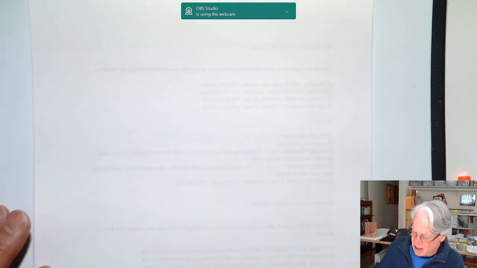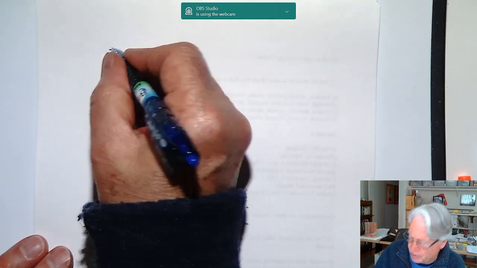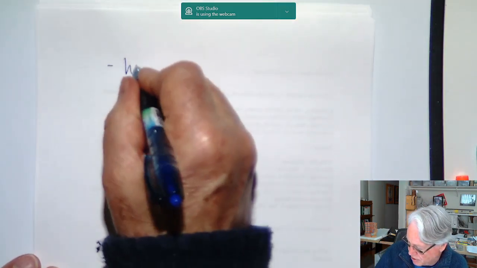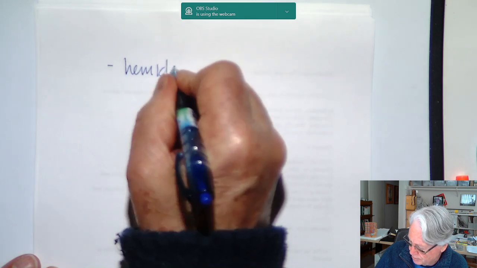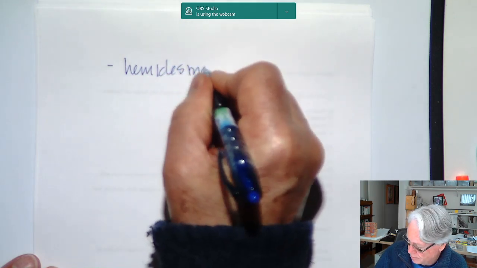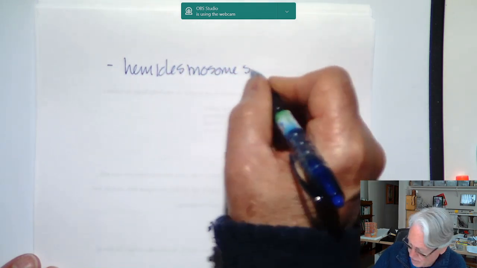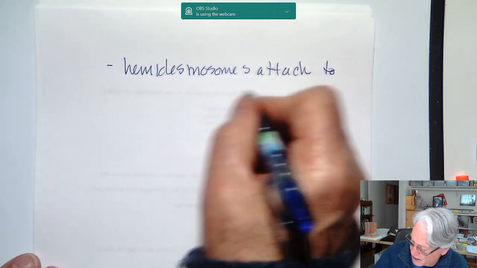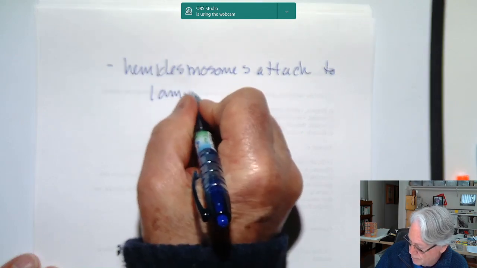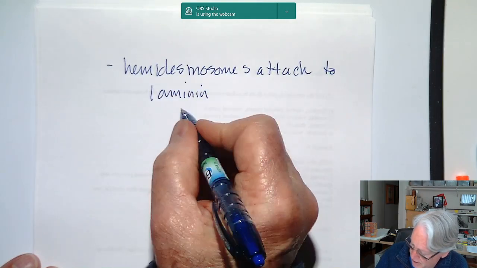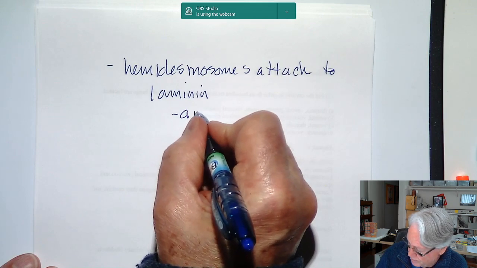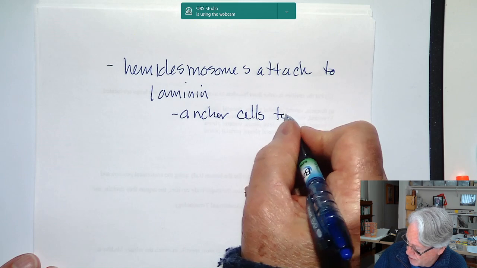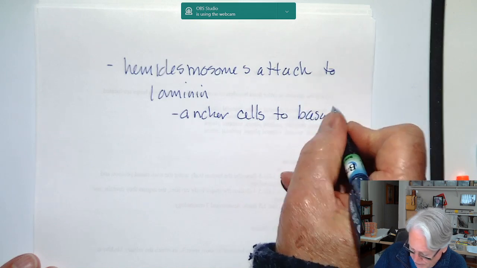And of course, what's going to happen is that we're going to attach the cells with the hemidesmosomes. So hemidesmosomes are attached to the laminin. Okay. And this anchors the cells to the basal lamina.